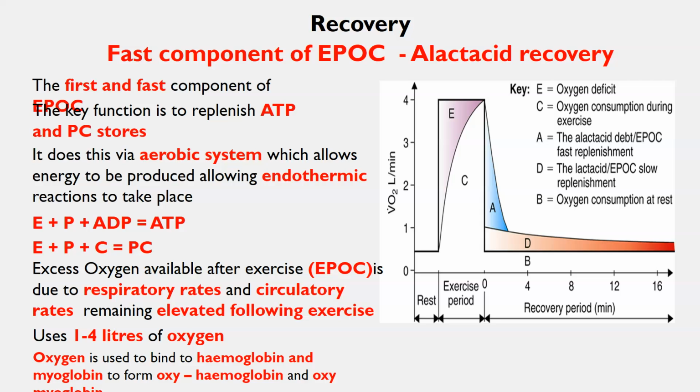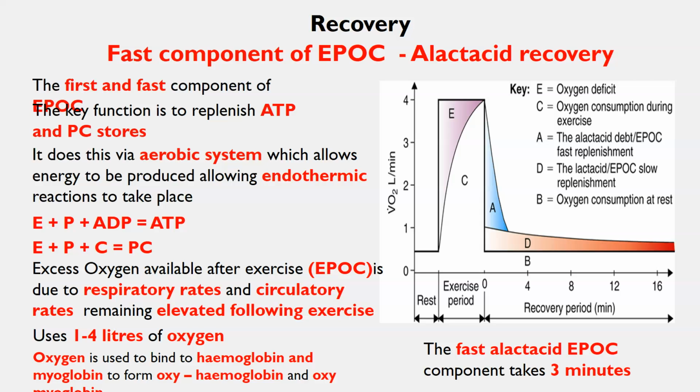Now, if you think back to when we did energy continuum and we looked at recovery, hopefully you remember that PC stores were replenished 50% in 30 seconds, and then they were fully replenished, and myoglobin stores are fully replenished after 3 minutes. Therefore, this first and fast component of EPOC takes approximately 3 minutes to be fully replenished.